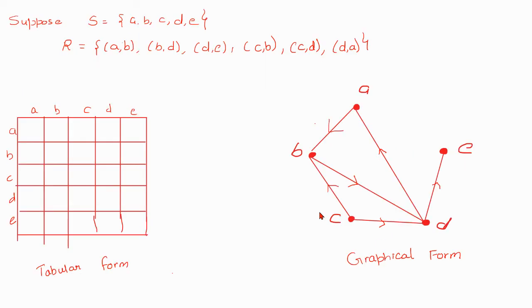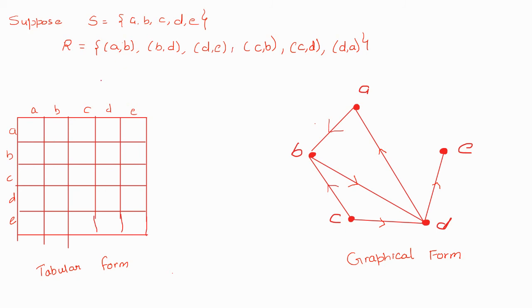So let's suppose one more example of the same. There is a set S = {A, B, C, D, E} and a binary relation R is defined on the set S. Now this we will represent in a tabular form. Suppose AB, BD, DE, CB, CD, DA has been shown. We will represent this relation in this tabular form.